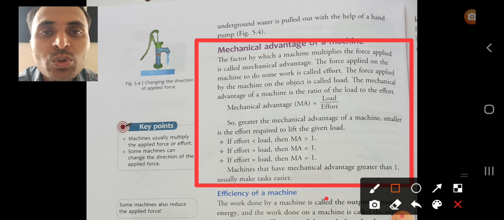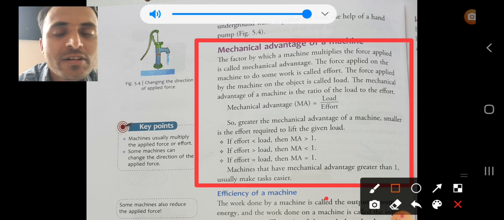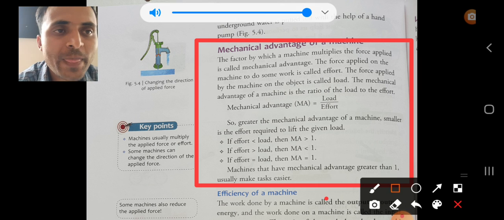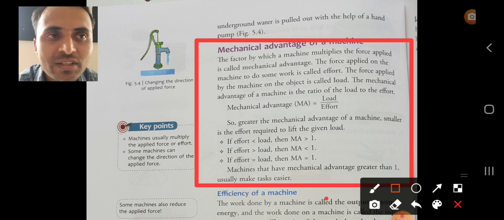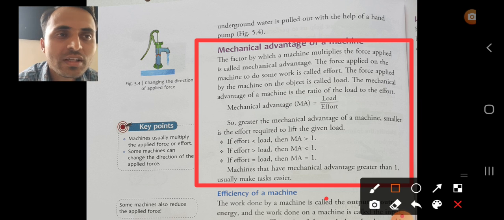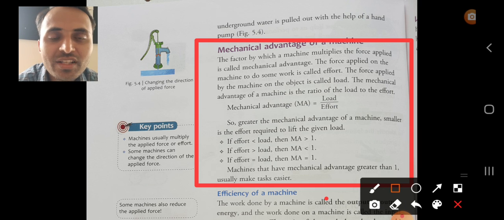Here again, two different definitions are there. First is the effort. What do you mean by effort? The force applied on the machine to do some useful work is called the effort. The second thing is the load. What do you mean by load? The force applied by the machine on the object is the load.